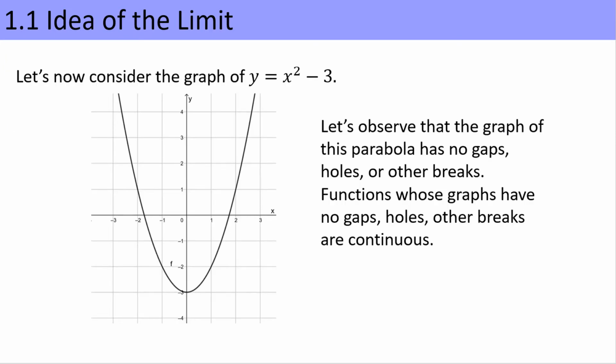Now we'll consider the graph of g of x equals x squared minus 3. That is an upward facing parabola shifted down 3 units. We can also get the limit if the graph permits. So we want to know what happens as x gets closer and closer to 2.